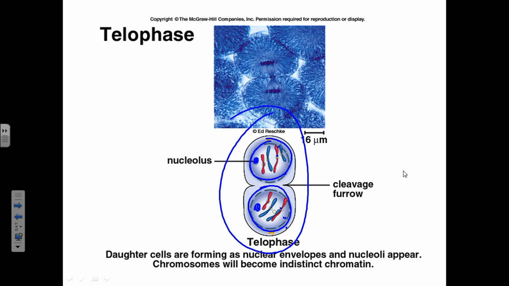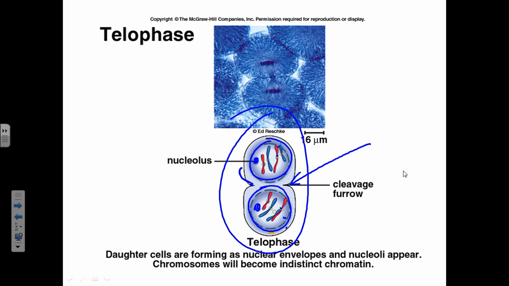And like we said a minute ago, the two sets of chromosomes make it to opposite sides. The DNA then unwinds and goes back to being what? Chromatin. A new nuclear envelope, a membrane, forms around each set of DNA. Spindles go away. And you can notice that the cell is beginning to kind of pinch in the middle. And that's called a cleavage furrow.